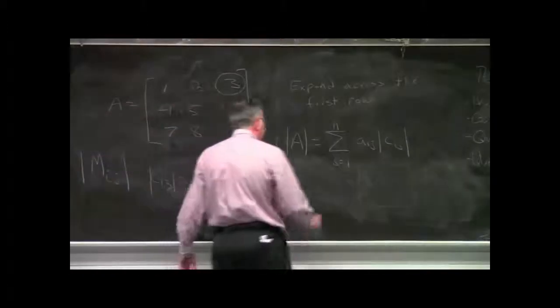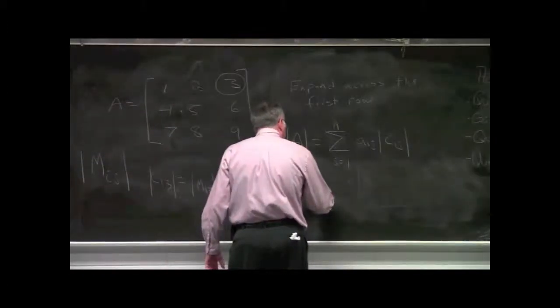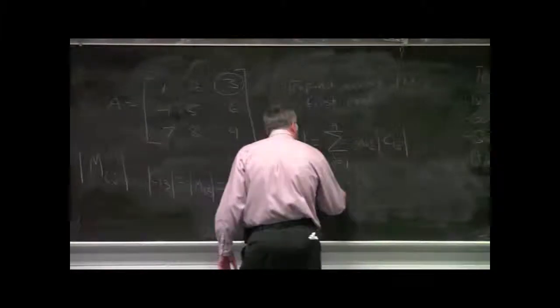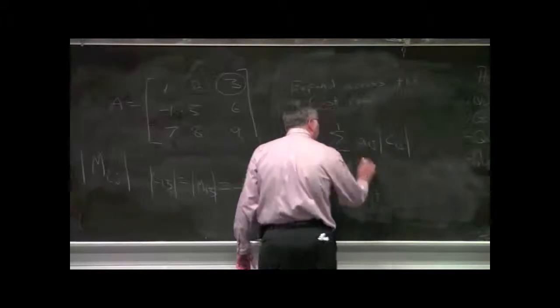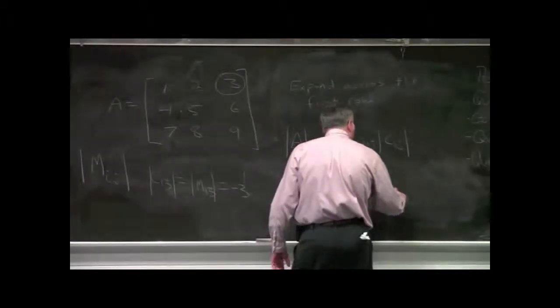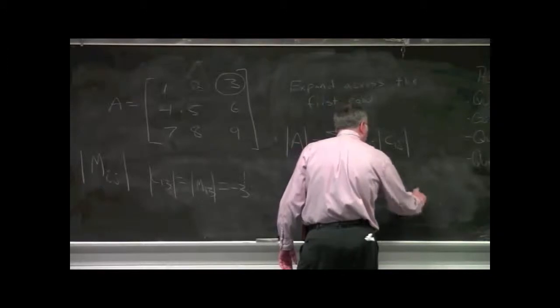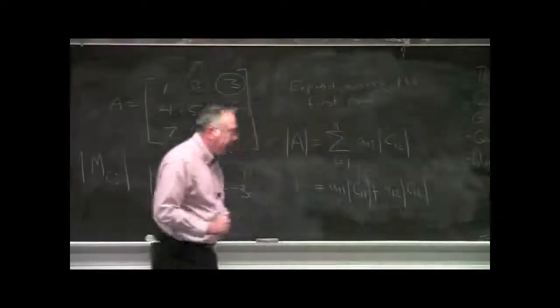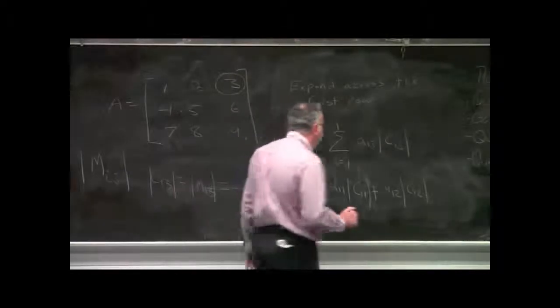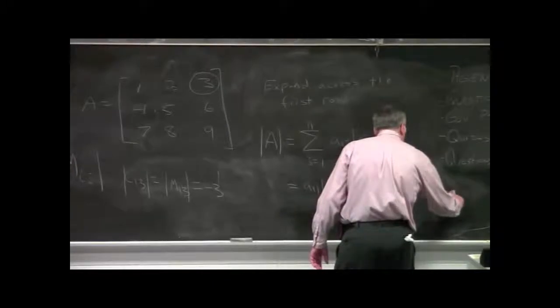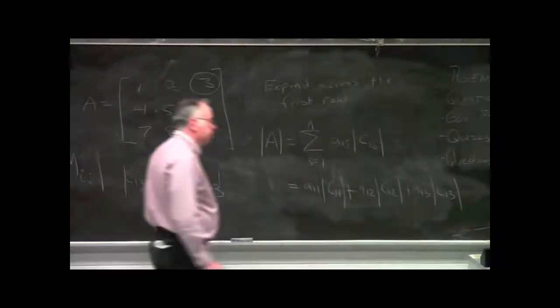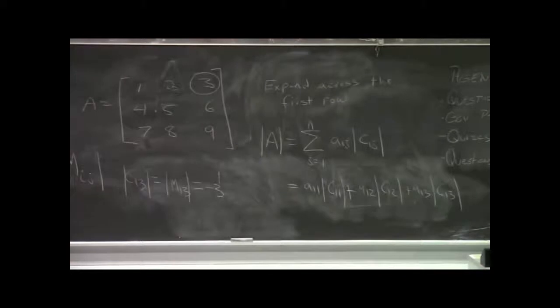So if I make this substitution, n equals 3, then it would be A11 times C11 plus A12 times C12 plus A13 times C13. More generally, you would go all the way up to n, but here we only have 3 columns, so we stop at 3. That's it.